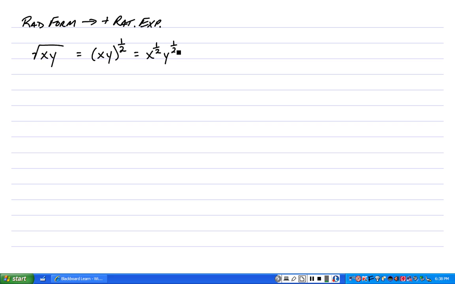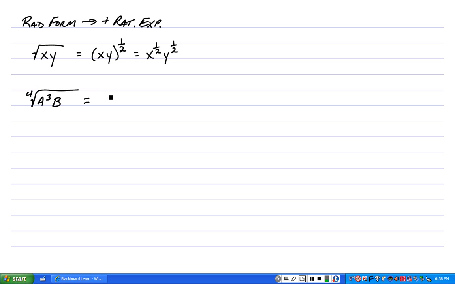Let's do another one. Let's go with the 4th root of a to the 3rd b. The a and the b are to the 4th root, however the a is to the 3rd.